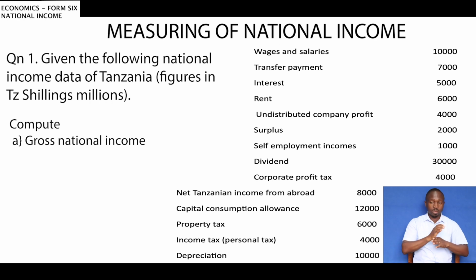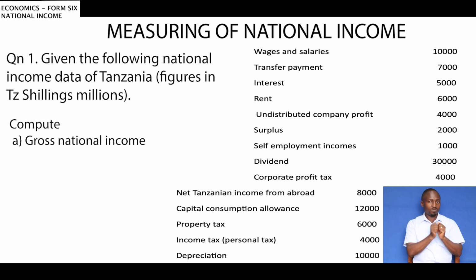We add net Tanzanian income from abroad, which is 8,000. This makes this solution give GNP instead of GDP, because we add income from abroad there, 8,000. We add capital consumption allowance, which is 12,000.